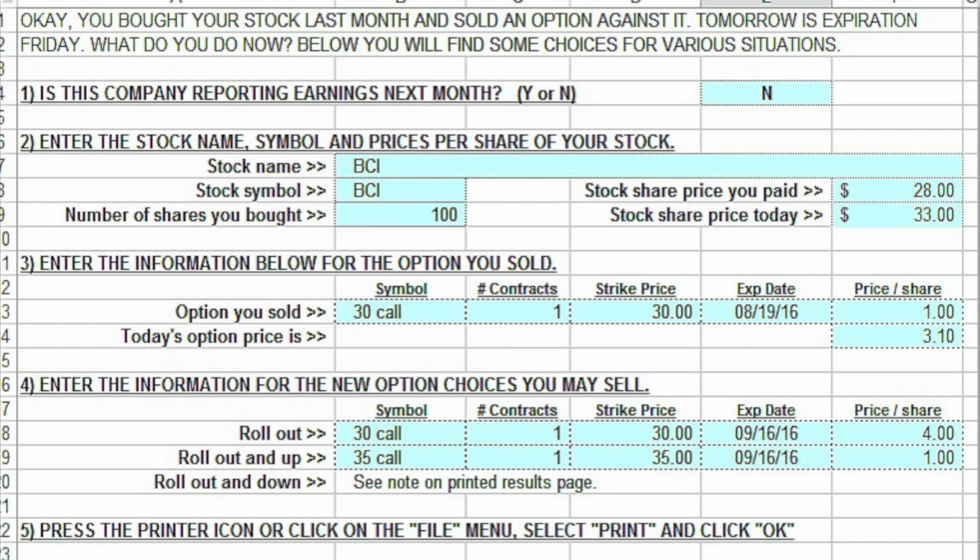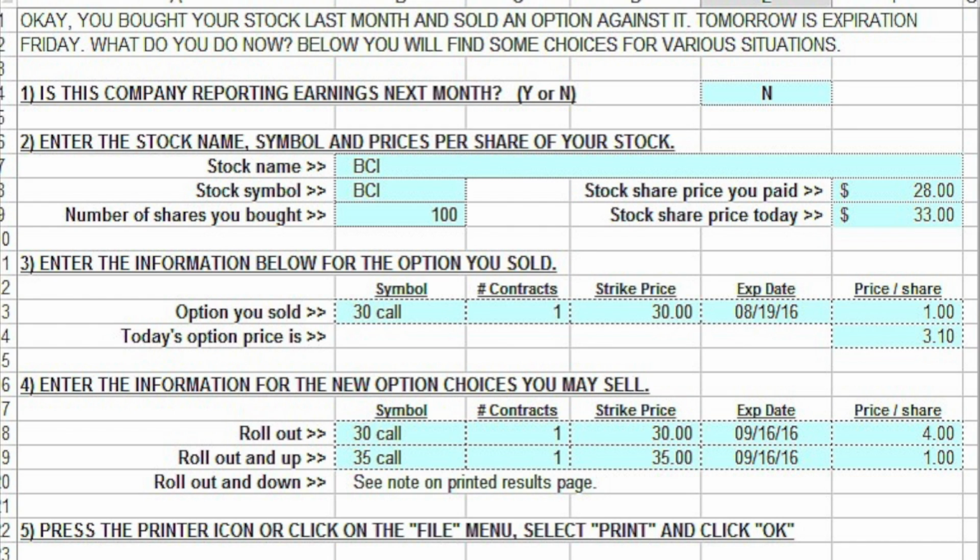We bought 100 shares initially at $28 a share and sold the $30 call you could see in the middle of that spreadsheet. Now, the price we paid on the far right is $28, but the current price as Expiration Friday approaches is $33. So we know that if we take no action, our shares will be sold on the Saturday after Expiration Friday.